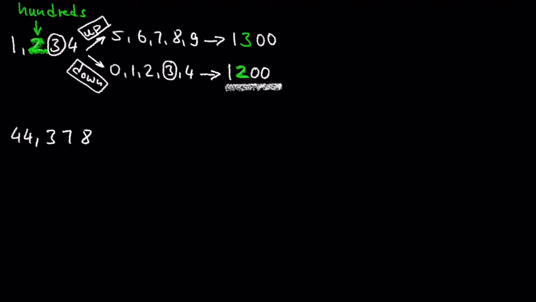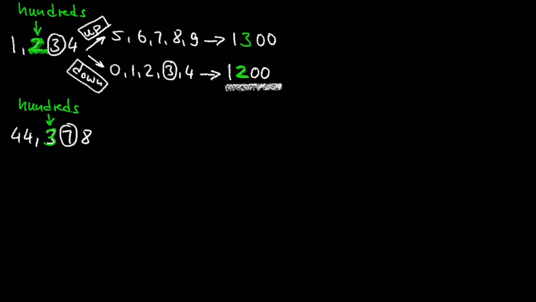44,378. Round to the nearest hundreds place again. The first step is to locate the hundreds place, which is the digit 3. Then look at the digit just to its right to see if we have to round up or round down.